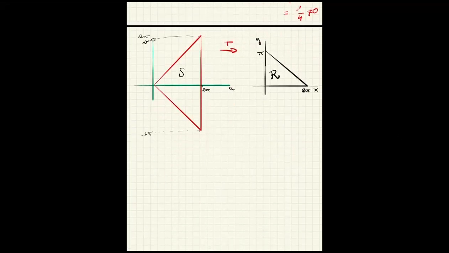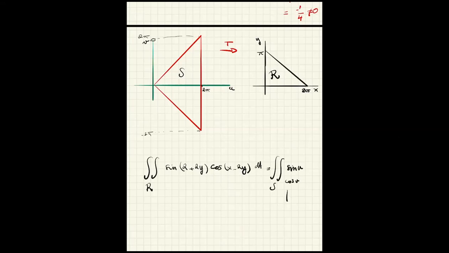Okay. Now the integral over R of this function here, sorry, I wish I could do it in more detail, but I have to cut it off somewhere because we need to move on. Sine u cos v, and then as I said, it's not going to complicate the function. It's just a number.